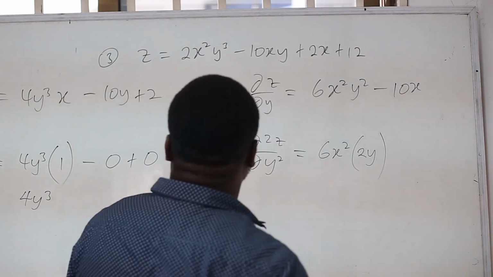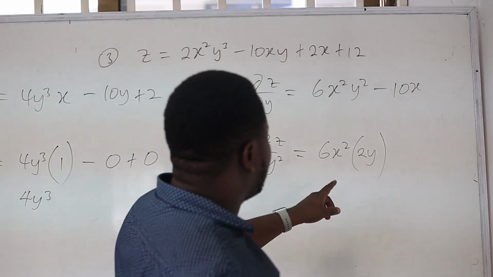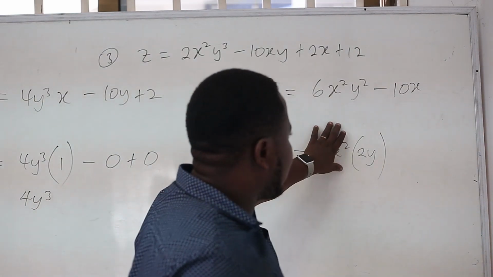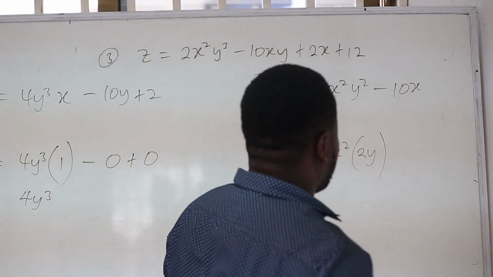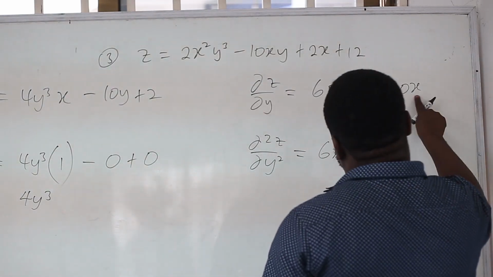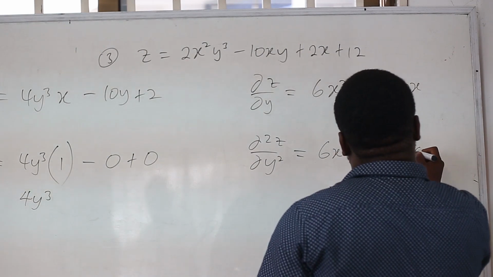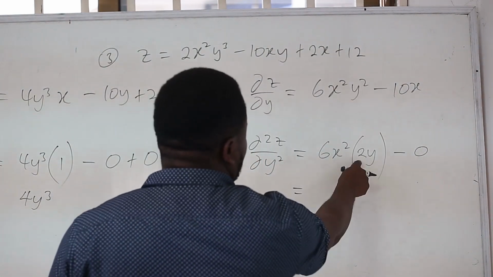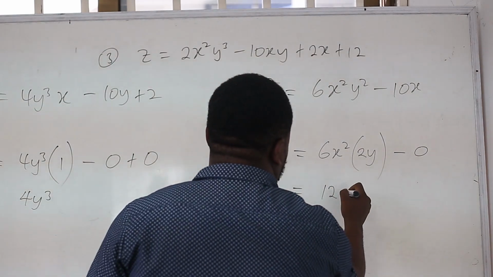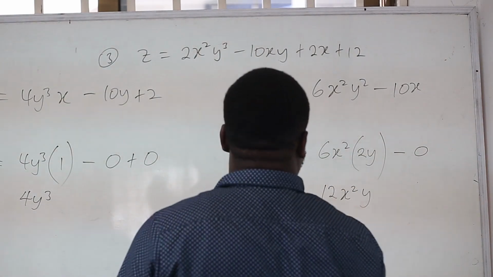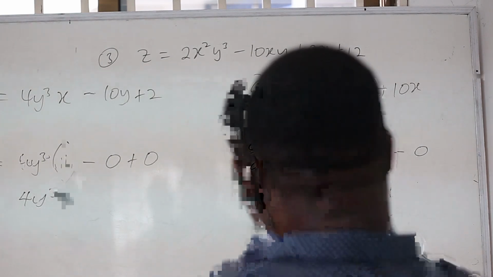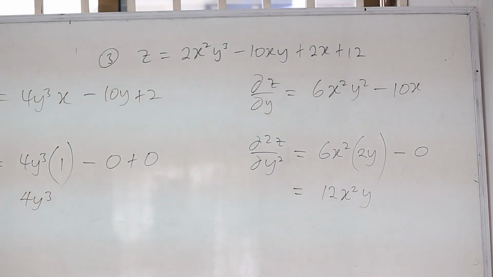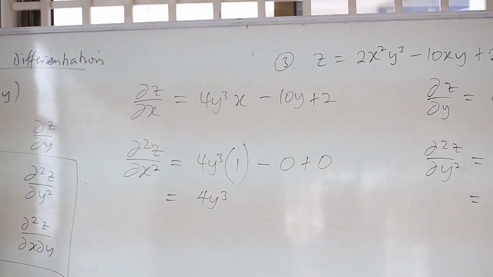We don't write y to the power 1. We differentiate, we have 2y. There's no y here, so this is a constant, so we have minus 0. So 6 times 2 gives us 12s squared y. So done. Out of the 4 we have done 2.